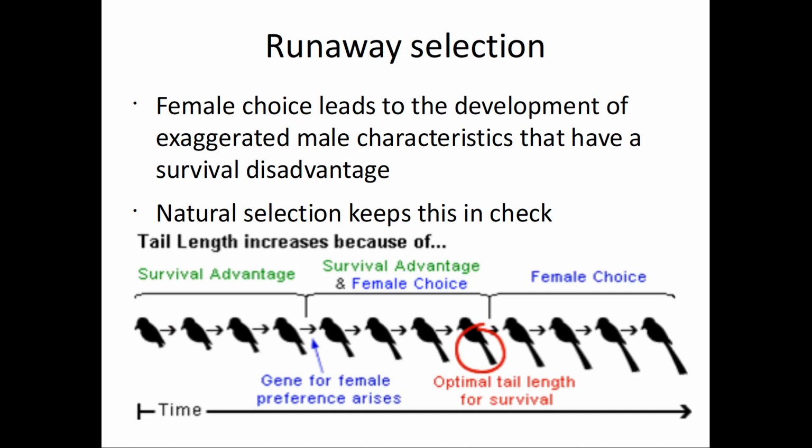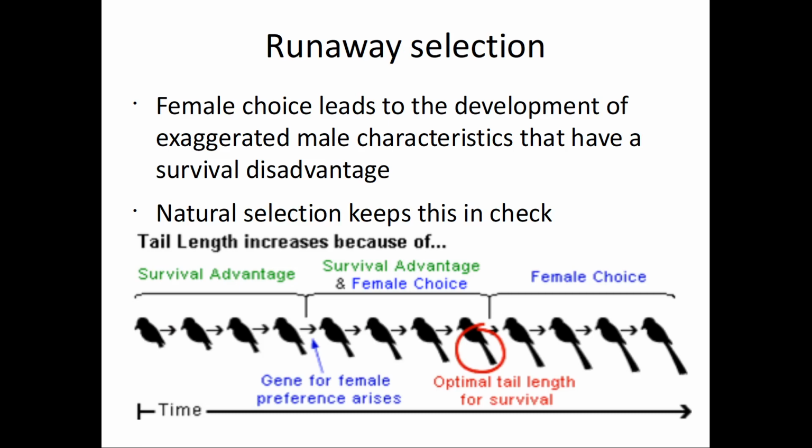And then runaway selection is where you have this female choice leads to exaggeration, development of exaggerated characteristics that may have a survival disadvantage. And if you think about peacocks in the wild, that peacock probably has a pretty poor fitness.